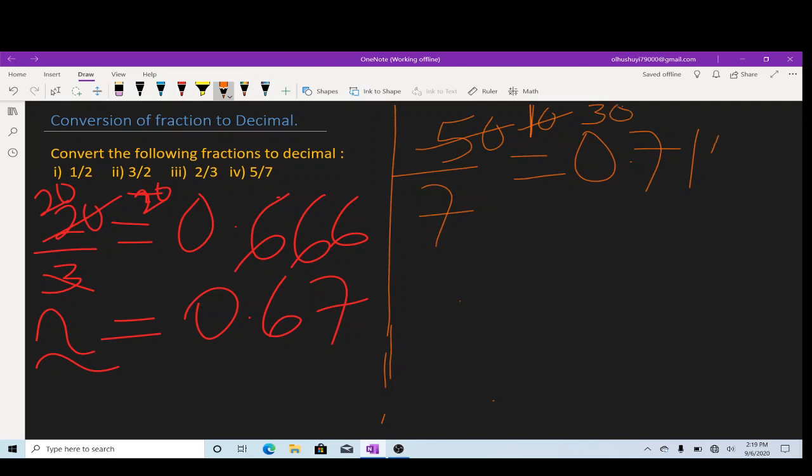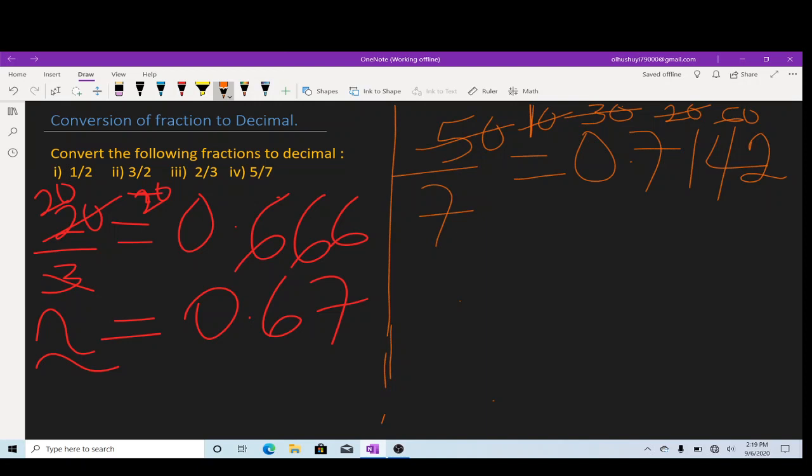You add 0 to this. 7 in 30. That's 4. Remainder 2. 7 times 4 is 28. So 2 is left. You add 0 to this. 7 in 20. That is 2. And that is 14, right? So what is left? 6 is left. 7 in 60. 7 times 8 is 56.